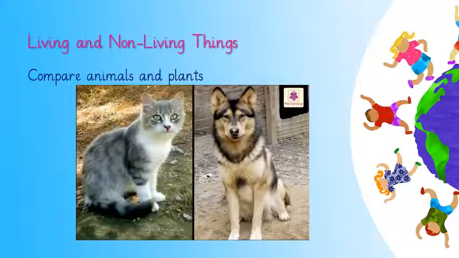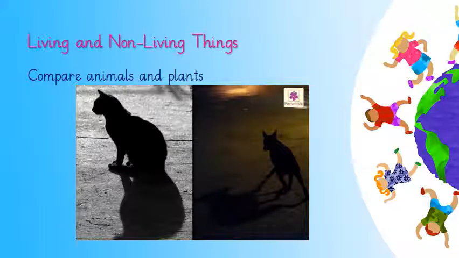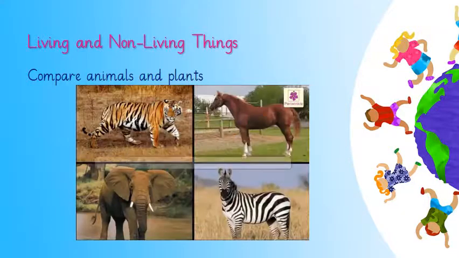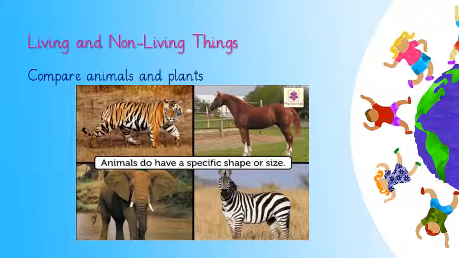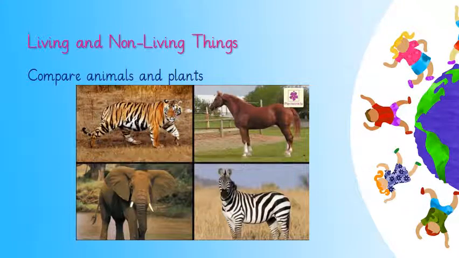On the other hand, you will find it easy to distinguish between a cat and a dog just by looking at the size and the outline of their bodies in the dark. Thus, animals do have a specific shape or size by which they can be easily identified.